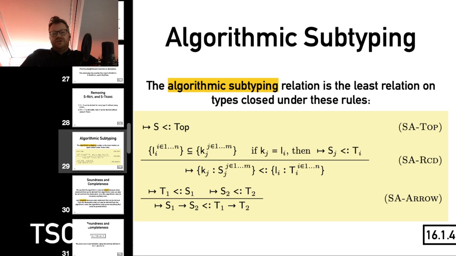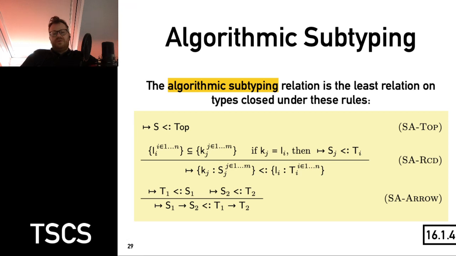And they match syntactic structures very well. So the SA arrow rule just matches anytime you have a function type. The SARCD rule matches in any type you have a record type, and the top rule matches in any other case where you just need to come to the top type. So this seems like you can very much easily implement that.